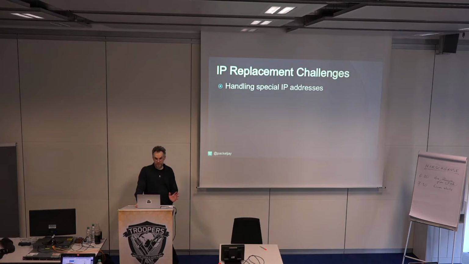So now it gets tricky because we have special IP addresses we need to handle. What special IP addresses do we have? First of all, the one that crashed your example, all zeros. If you have all zeros, ::, you should probably not replace it with anything else.